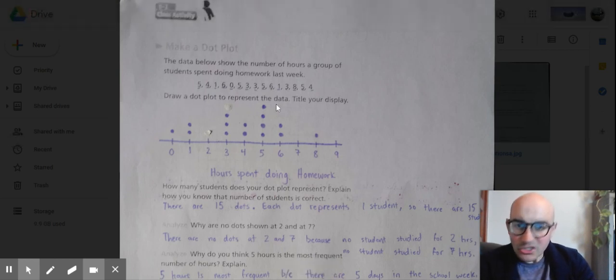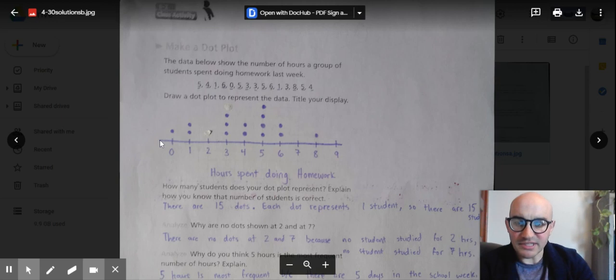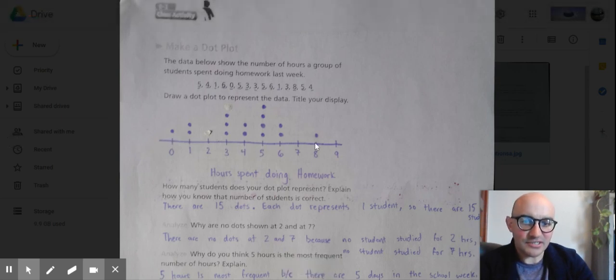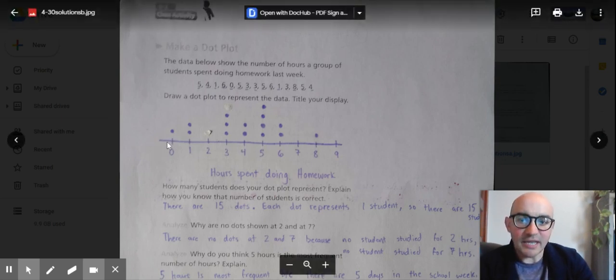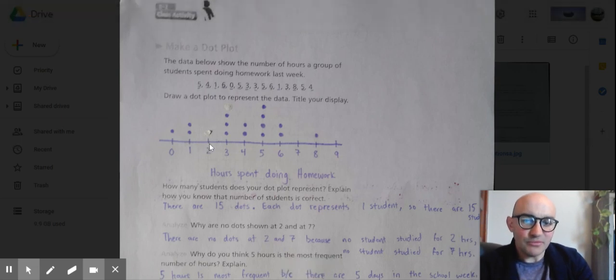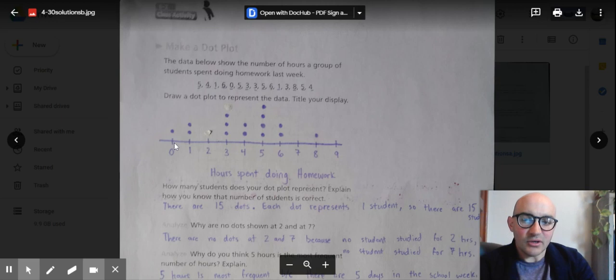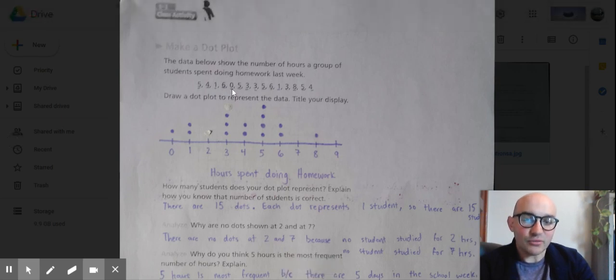Okay, so to draw a dot plot, the very first thing I do is I take my pen and I make my number line, just a nice little horizontal line like this, and I make hash marks with each number. Before I make these hash marks, though, I have to think, well, what is the range of my data? In other words, what's the smallest number? 0. What's the largest number? 8.